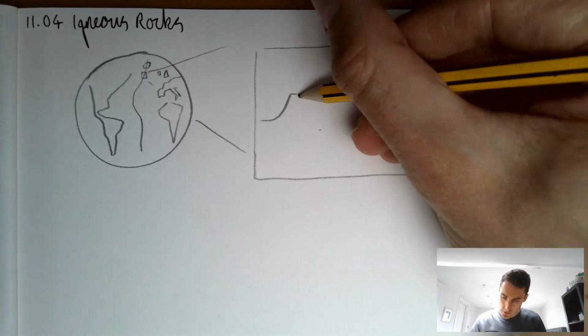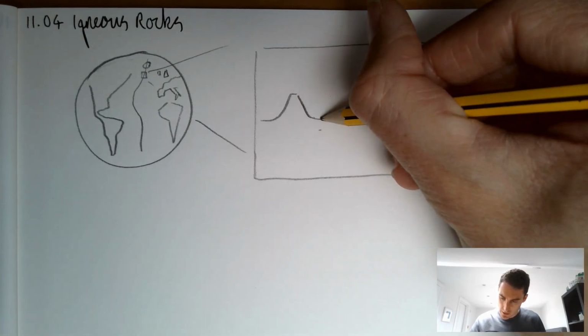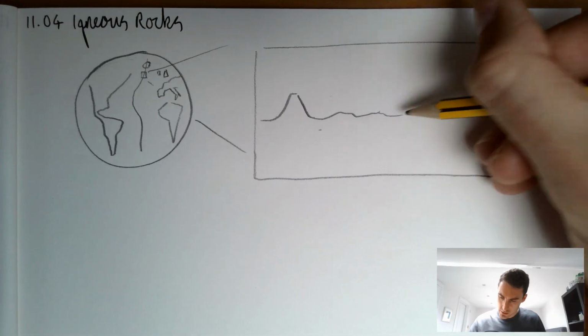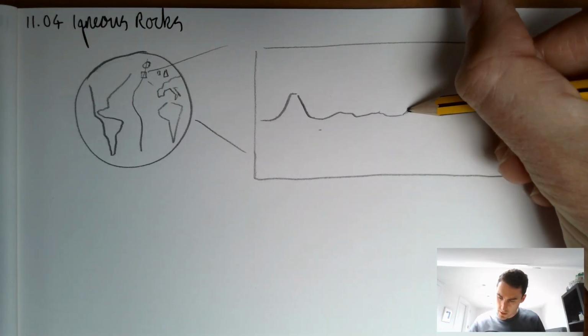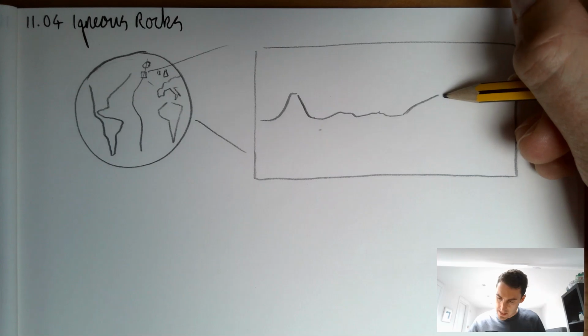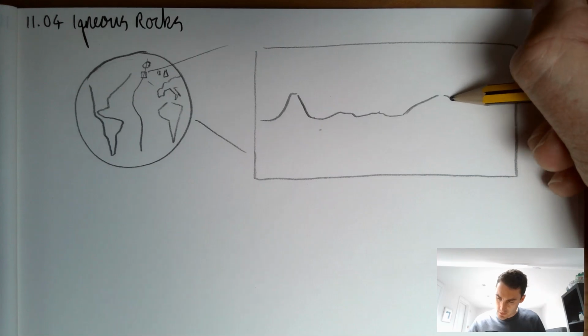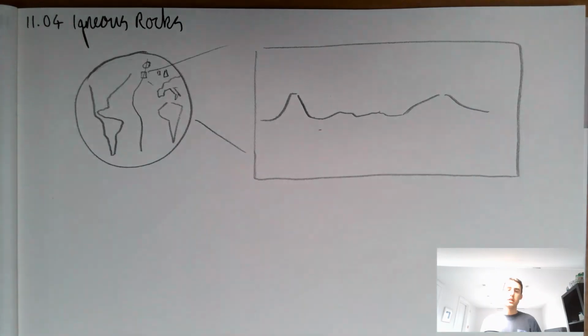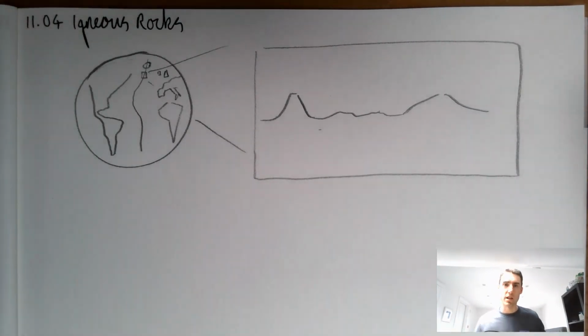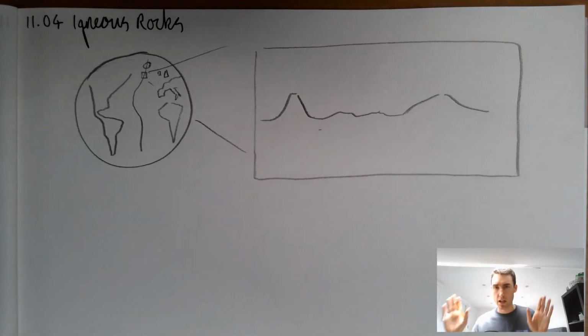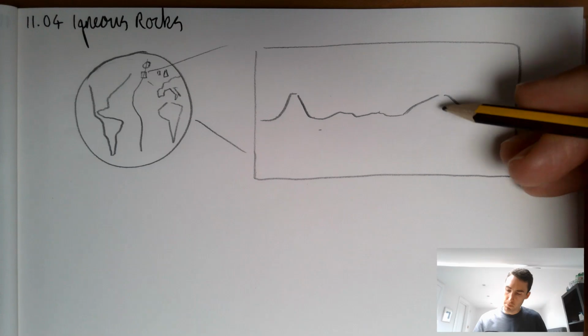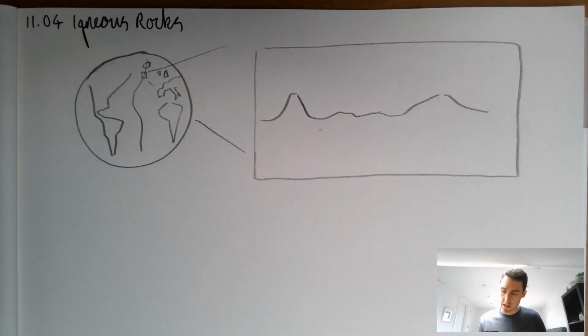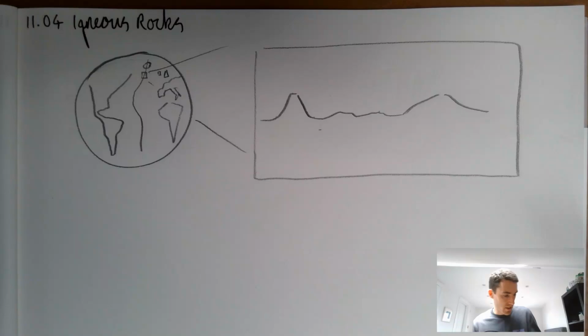I see volcanoes, so I'm going to draw a kind of volcano like that, and some little hills, and then maybe one of those Icelandic volcanoes that's less steep. This is going back to some geography now, isn't it? You get the different types of plate boundary and the different shapes of volcanoes. But the point is, you get some volcanoes here, and underneath here, that's the crust.